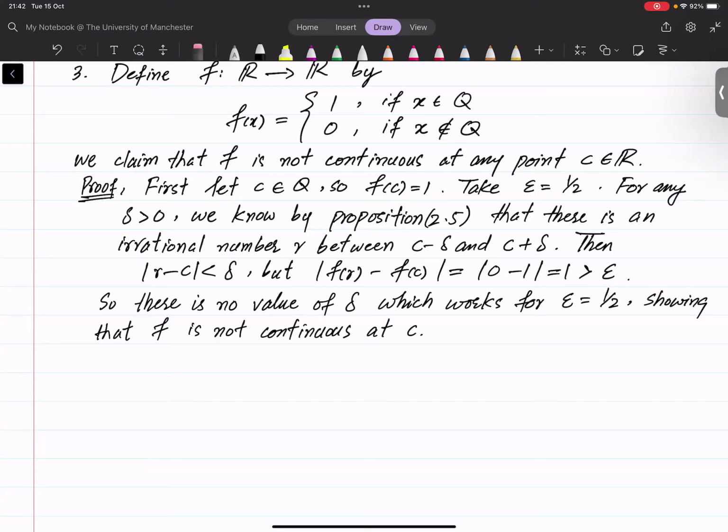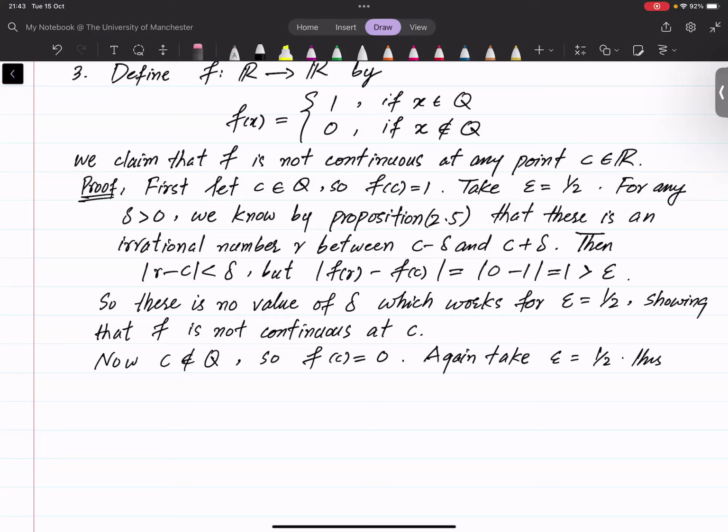Now let's take c not from the rational numbers. So we have f of c is 0. We again take epsilon equal to 1/2.